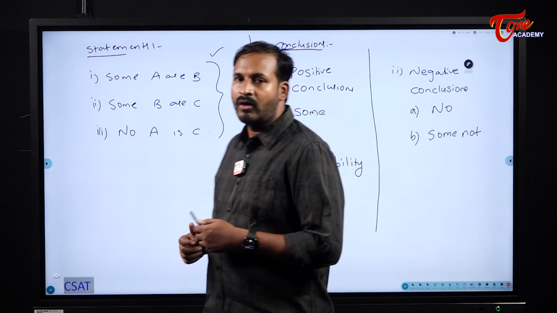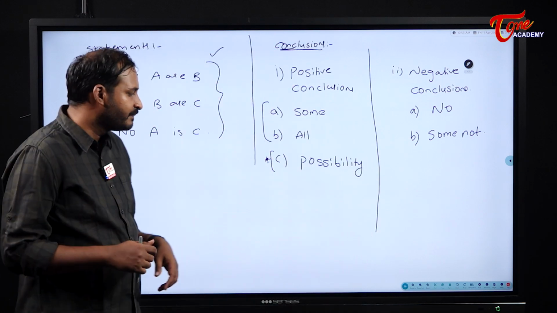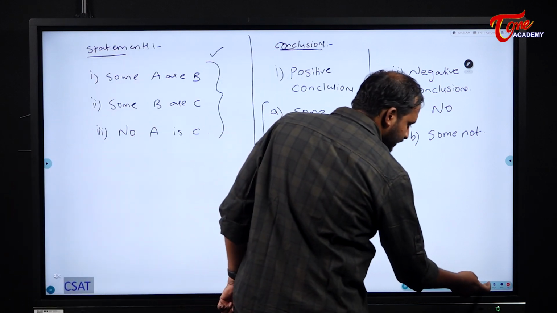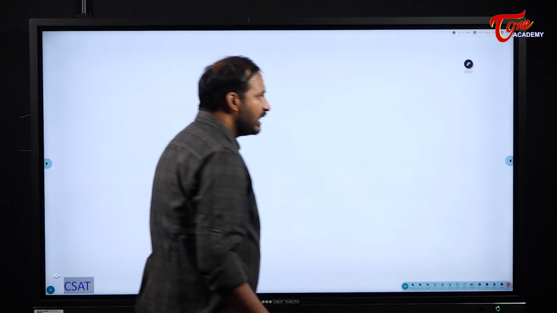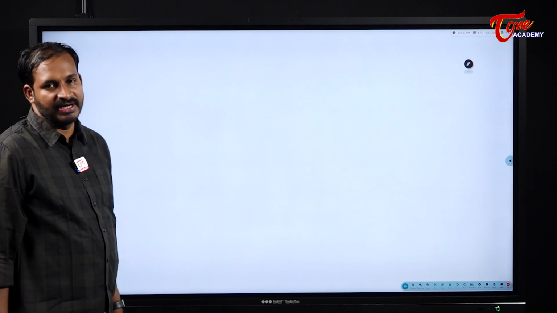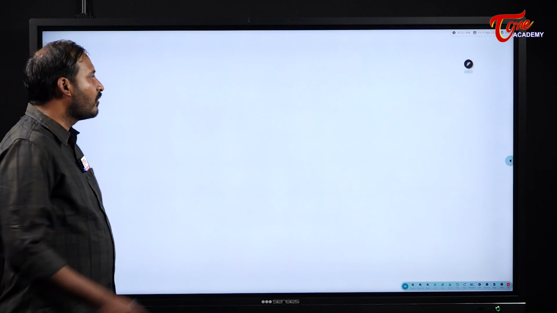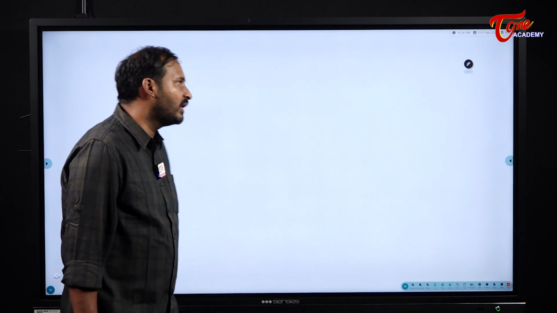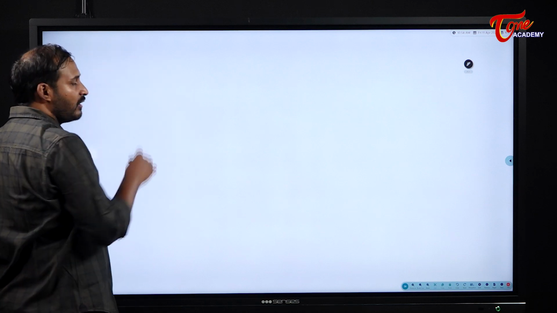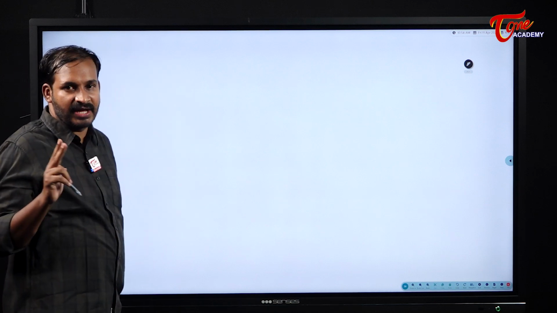Now, what are we going to do? See here, students, we will follow a peculiar method. That is, we will solve them with the help of the Venn diagram. Already I have told you, by drawing the Venn diagrams, we will check whether the given conclusions follow the given statements or not. While drawing the diagrams, we have two types of diagrams, students.